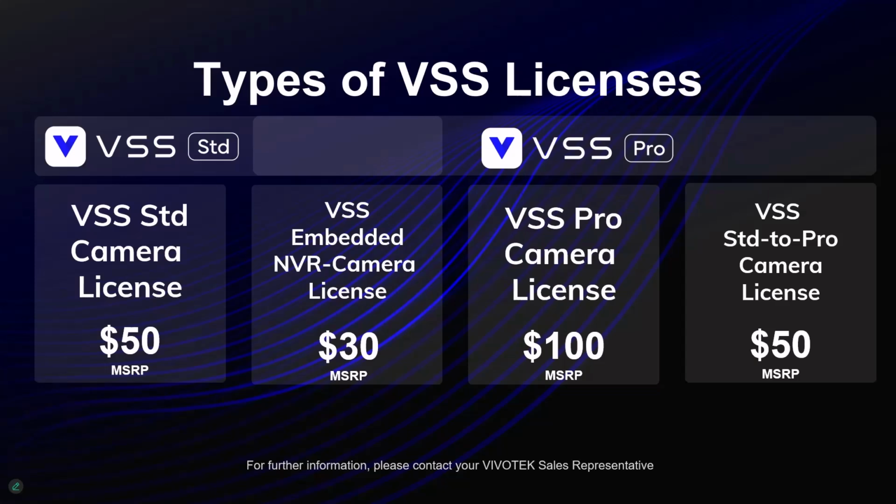For any cameras that are on those ND or NV NVRs, we're going to need the VSS Pro embedded NVR camera license for each of those channels. And then if you're upgrading from a standard to a Pro edition, you're going to need to purchase the standard to Pro camera license per channel that's already been licensed with that standard camera license.